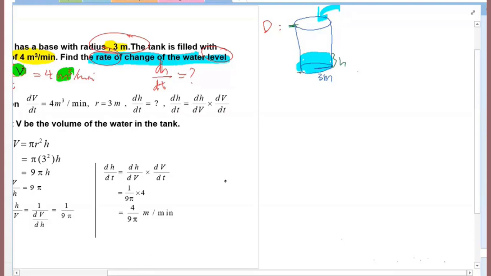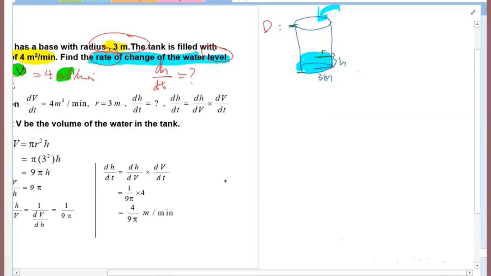The height of the cylinder and its body are fixed. What changes is the volume of water, which increases. Here R is constant because it is a cylinder, it does not get fatter. So now we find dH/dt.